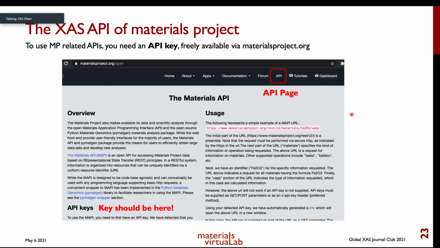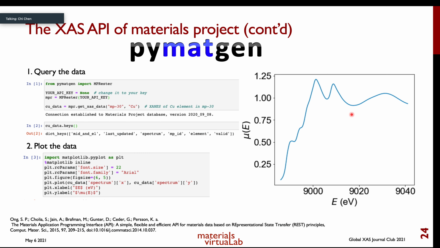In addition to the website access, we can also access the data programmatically. For example, you can go to the Materials Project website and get an API key. Once you have the API key, you can use pymatgen to download the data from your Python script.